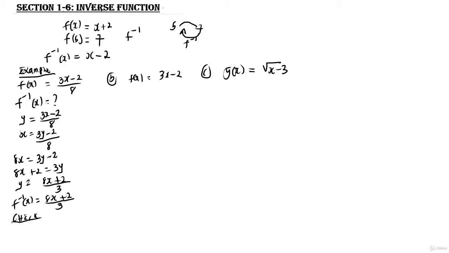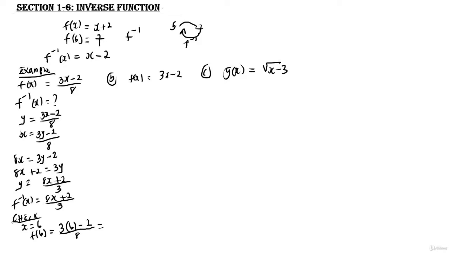Let's say we plug in 6, so s is equal to 6, right? Whenever we see s, we plug in 6 into the original function. So this is f of 6, which is equal to 3 multiplied by 6 minus 2, then divided by 8. So what would this give us?